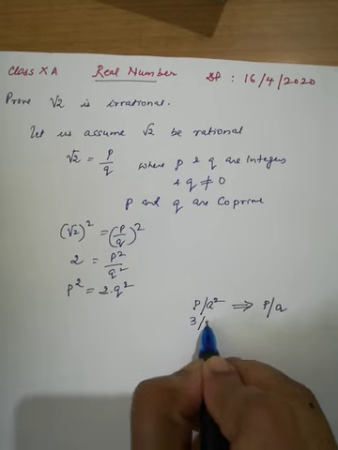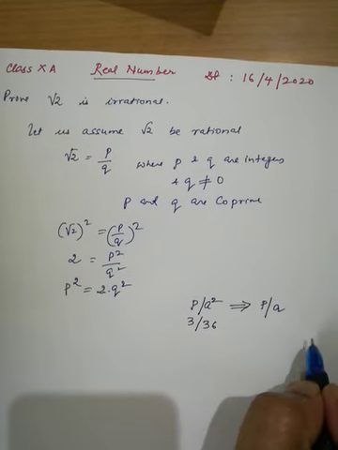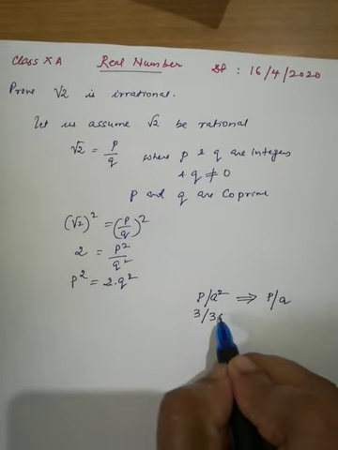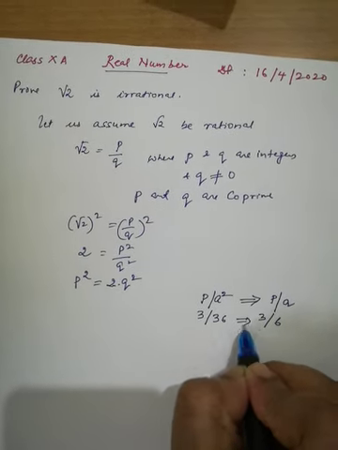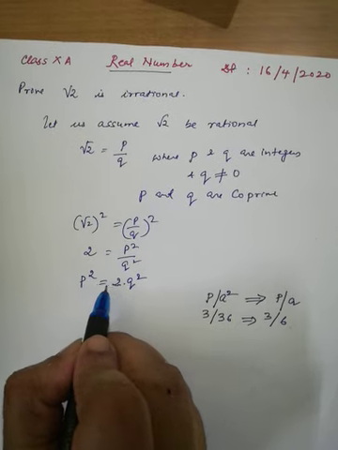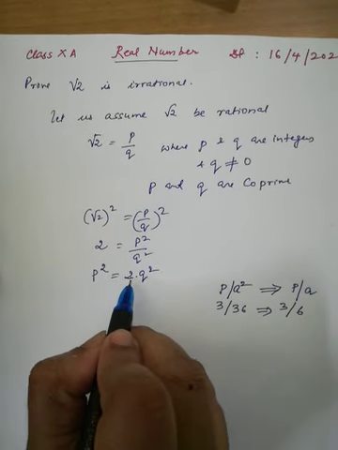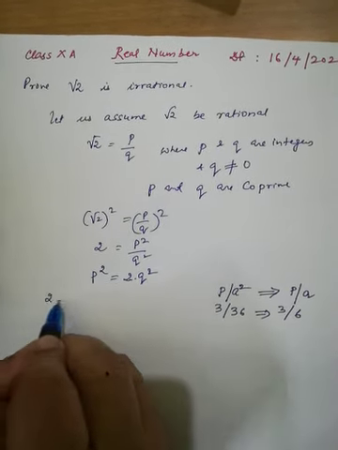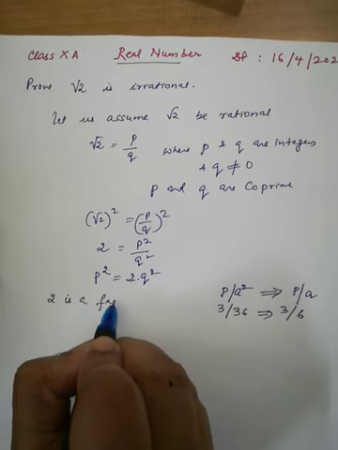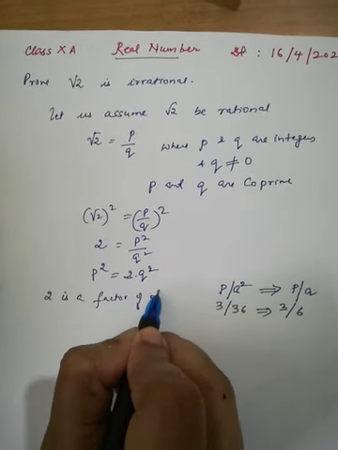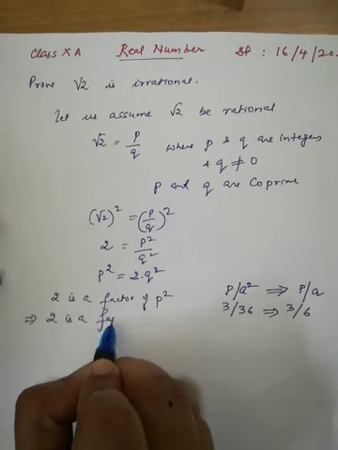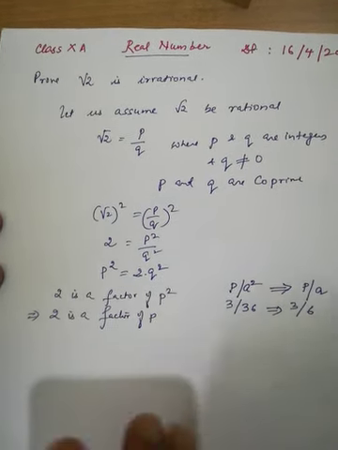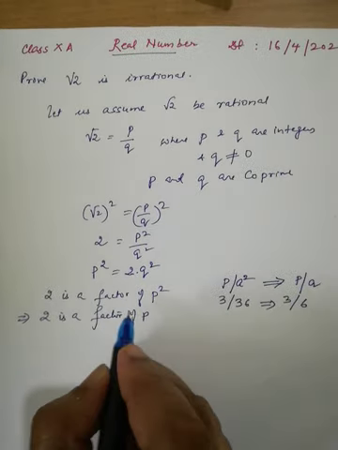If 3 divides 36, and the square root of 36 is 6, 3 divides 6 also. Therefore, here we see that P square is a multiple of 2. That means 2 is a factor of P square. This implies that 2 is a factor of P. So we have got 2 as a factor of P.